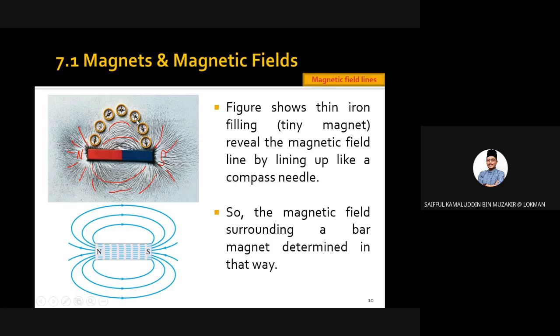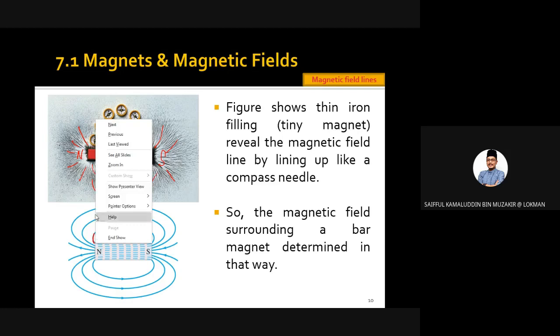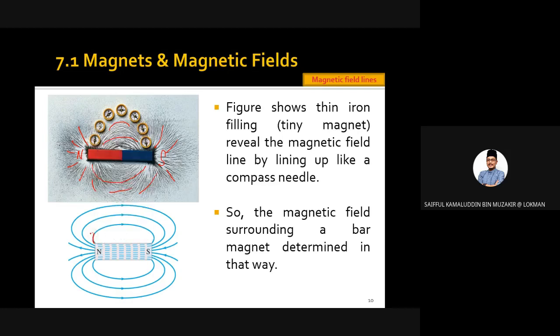But how do we know which one is the south pole and which one is the north pole? We put the compass, so we look at the direction of the compass. Remember, look at this diagram. The magnetic field lines go out from the north pole and come into the south pole.